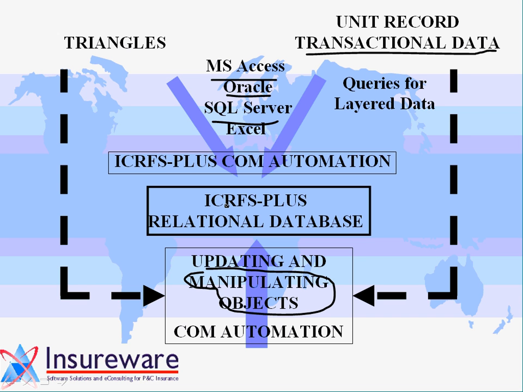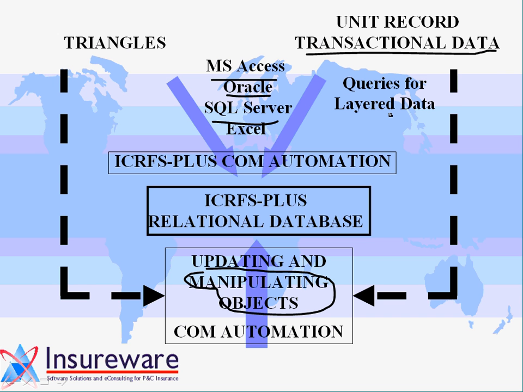In the second one, where we import data, we looked at the unit record transactional data, which resided in MSXS, and we just imported or created triangles from the unit record data. But in the third study, which is the current study, in terms of importing, we also submitted additional queries or inquiries that also allowed us to create the layered data.